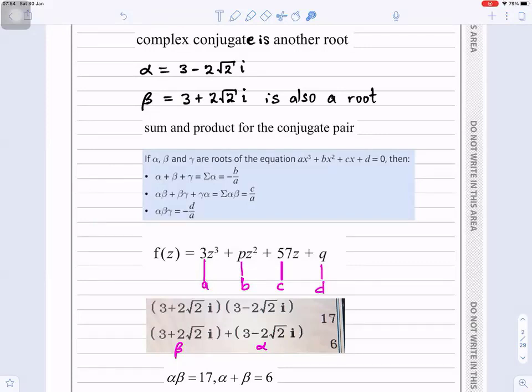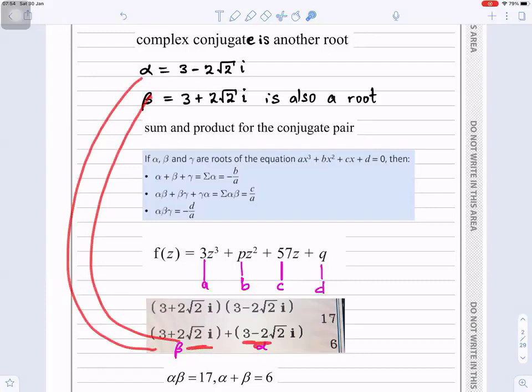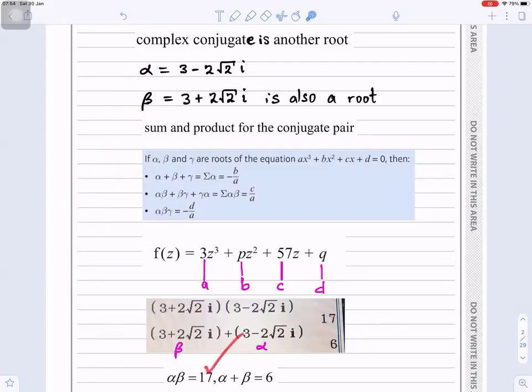And if you add alpha plus beta together, you will get 6. So alpha times beta is 17, alpha plus beta is 6, and you can do that using your graphics calculator.